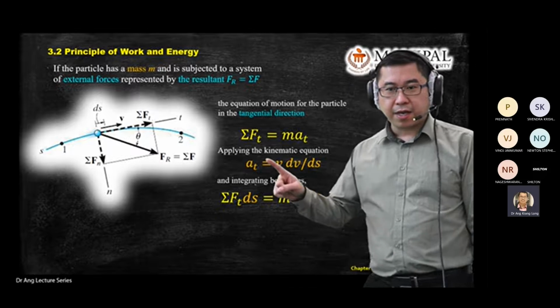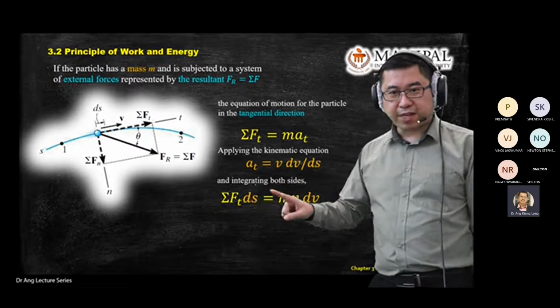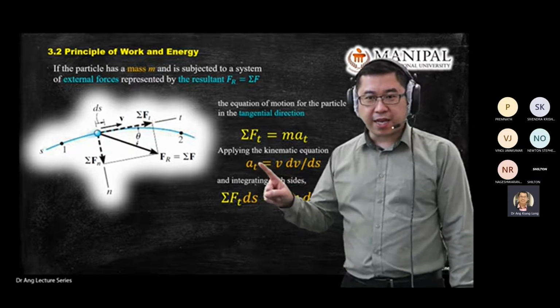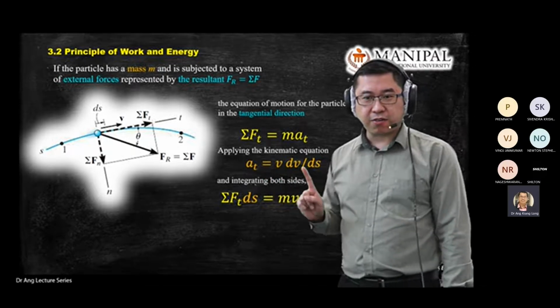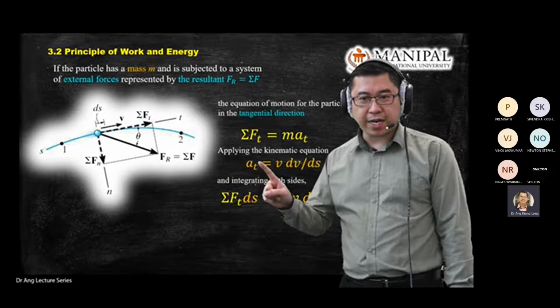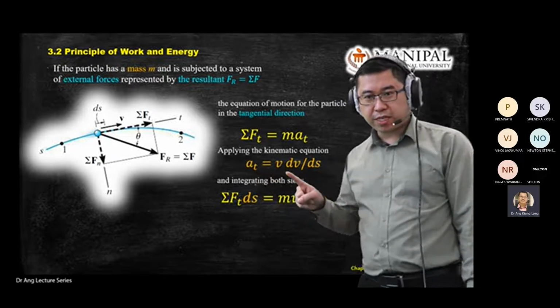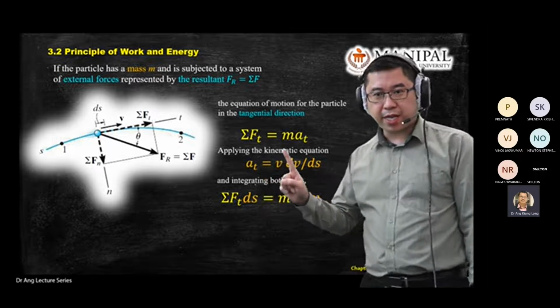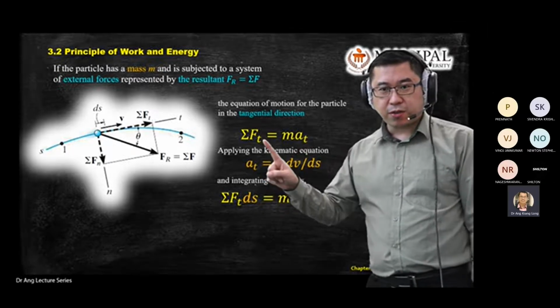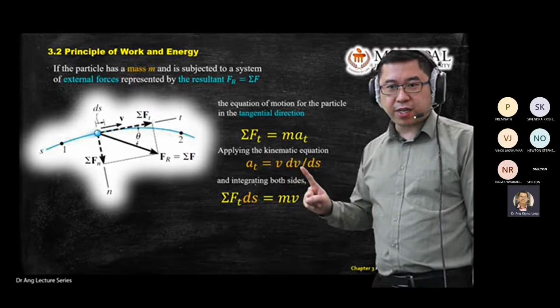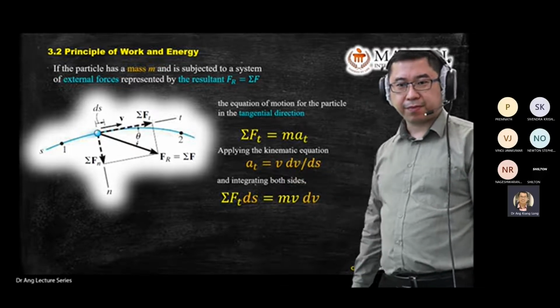Okay, before we come to this one, maybe I go too fast. When you get a ds equal to v dv, you rearrange, you get at equal to v dv over ds. After that, you substitute at inside here. So you have Ft equal to m v dv over ds.